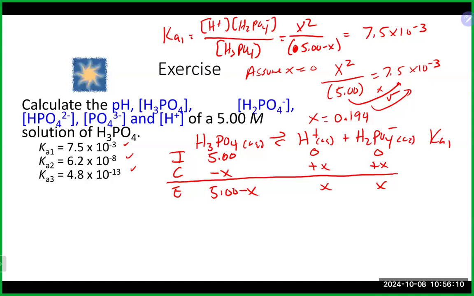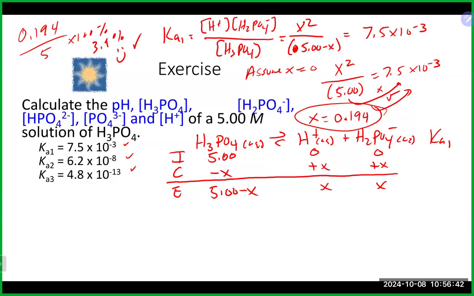0.194, we'll call it. We do want to check it, so we take our 0.194, divide it by 5, times 100%. In this case we end up with 3.9%, which is good. Probably why I changed it to 5 molar when it was originally 2, which was not a good idea, but this is good. So off of this, we actually have some answers to our question. From the ice table, x equals the concentration of H plus, which would be 0.194 molar.